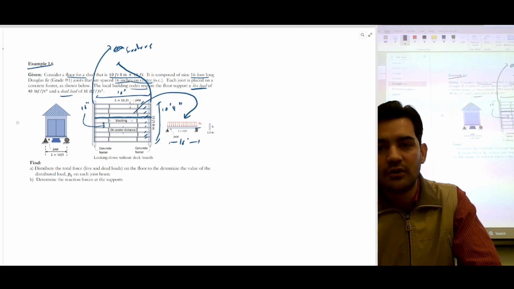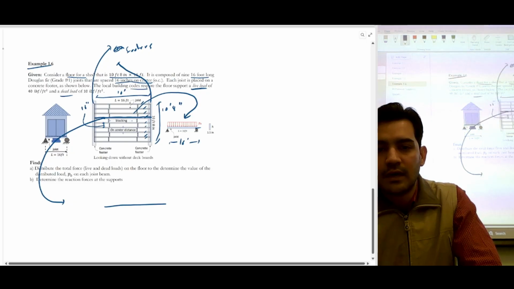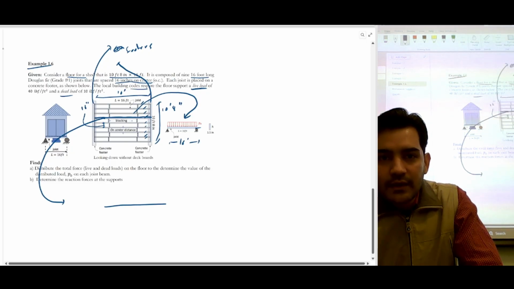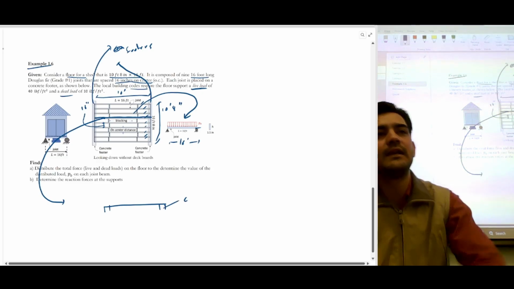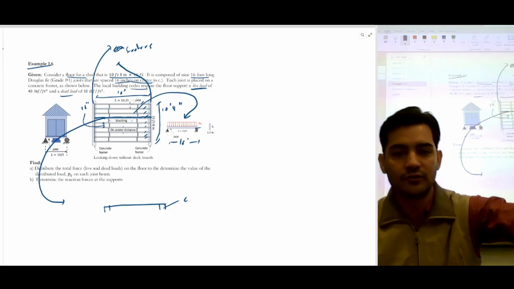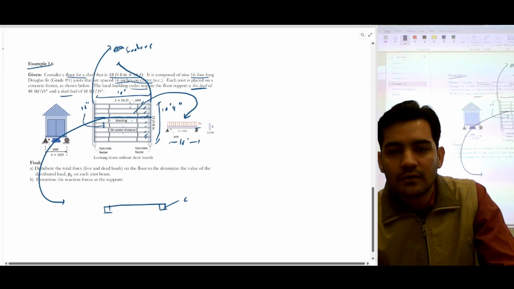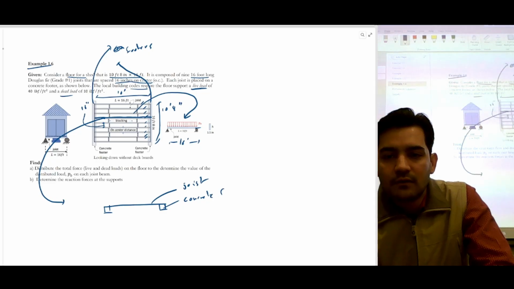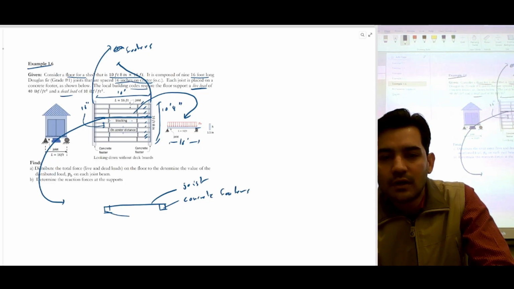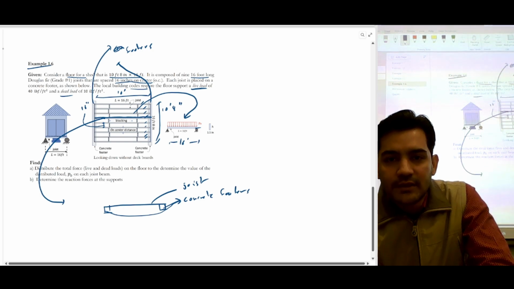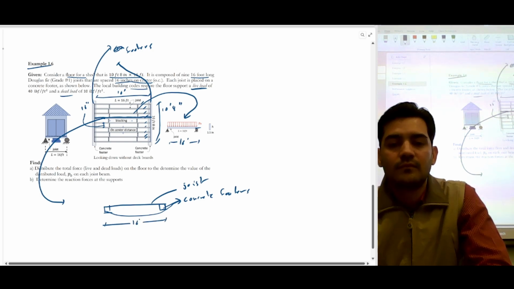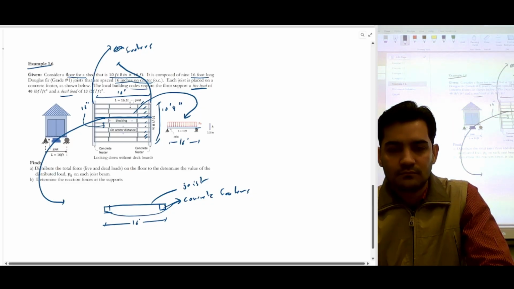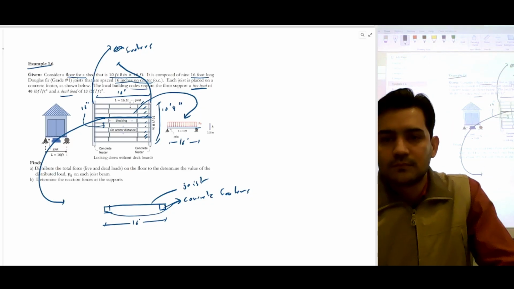So one of the joists is drawn here. If I just extract one of the joists, it's located on concrete footers. These are the two concrete footers, so basically it's placed on top of a concrete footer. So this is a joist. These are concrete footers, this one and this one. And this joist is 16 feet in length.